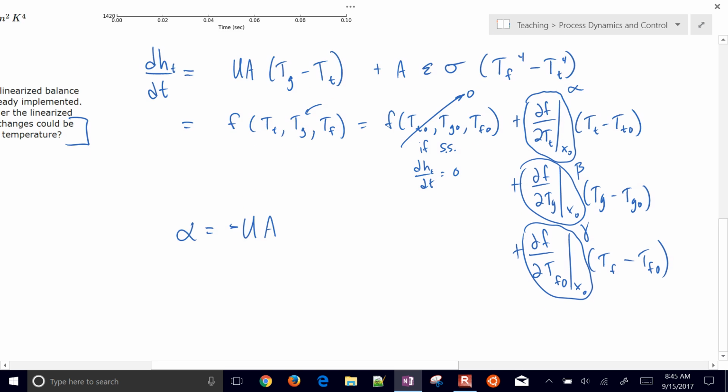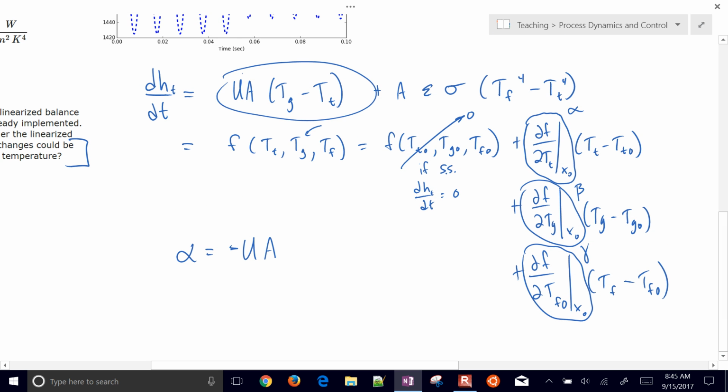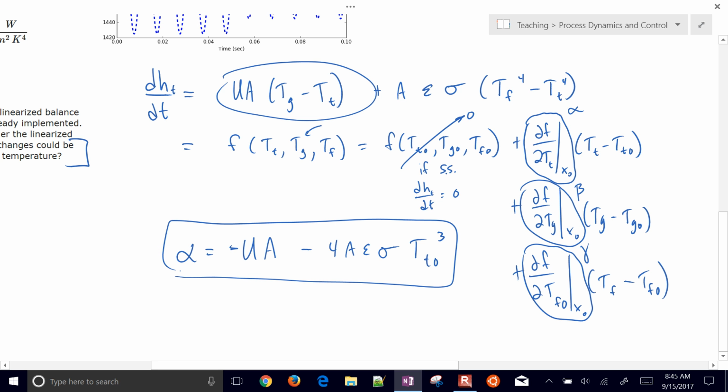And that was from this term right here, and then I need to do it on the other one as well. And so that's going to be negative 4 times A times emissivity times the Stefan-Boltzmann constant times temperature T naught to the third. So here's our constant. It's right there. It's just going to be equal to a number.